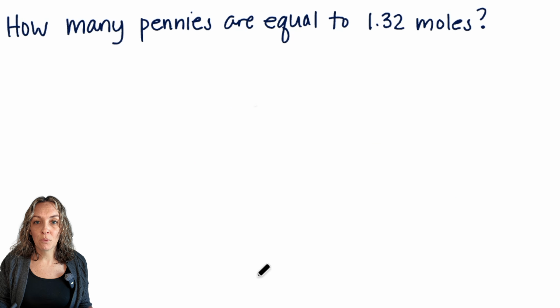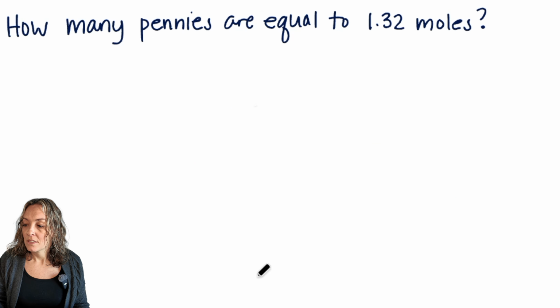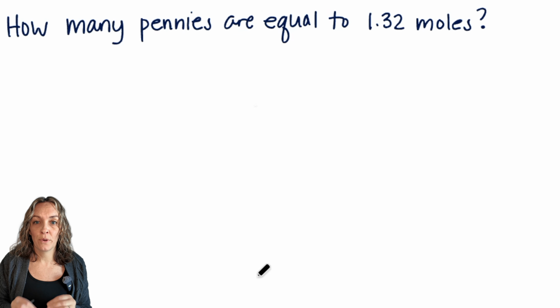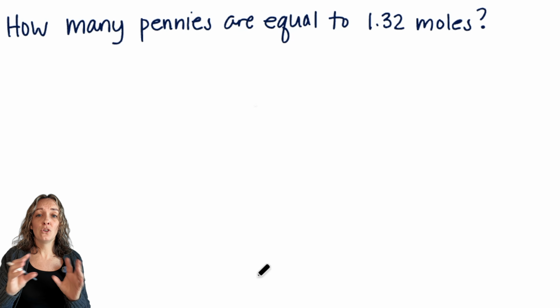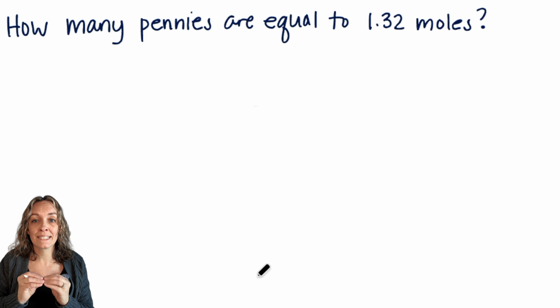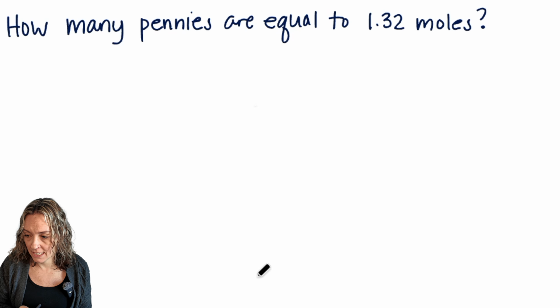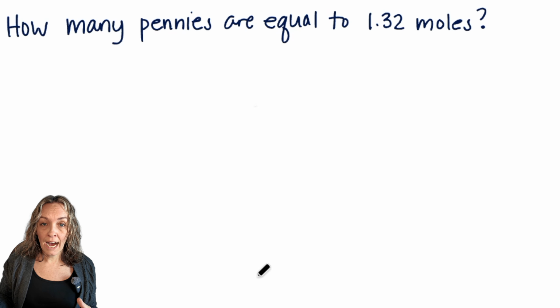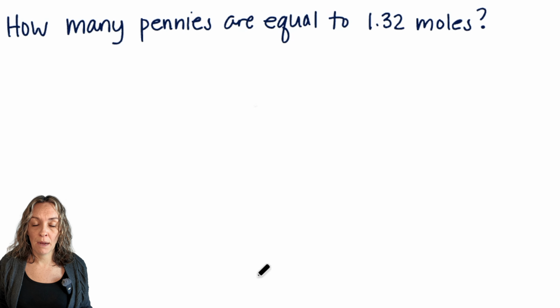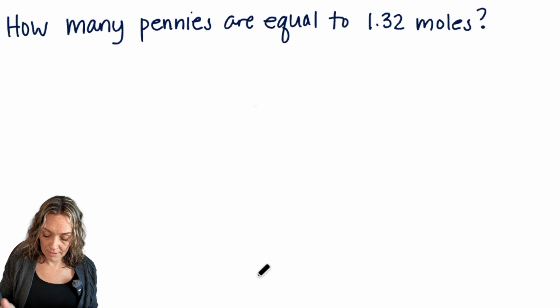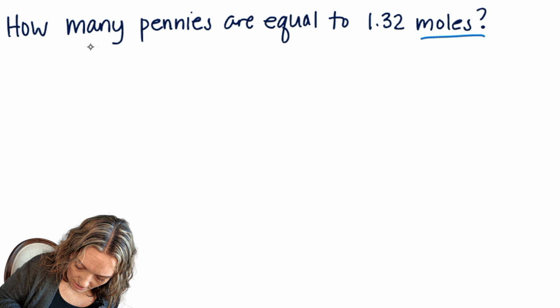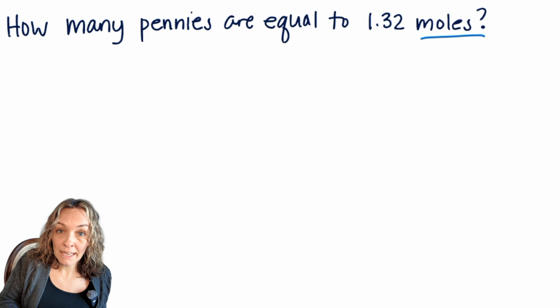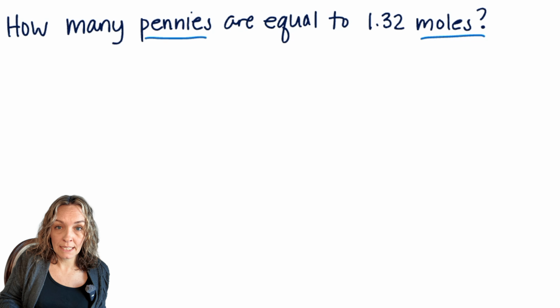In our next example, we're going to talk about pennies. So I know that I have 1.32 moles. That's an enormous amount, but I want to know exactly how many pennies that is. So I can set up a dimensional analysis problem once again to convert my moles into pennies. So I'm going to find my starting unit, moles, and find my ending unit, what I'm trying to get, pennies.